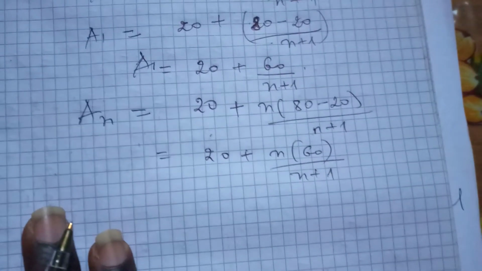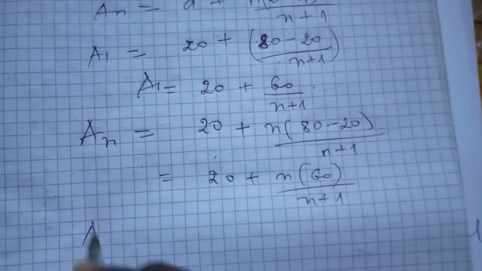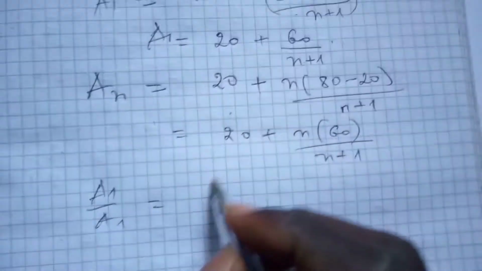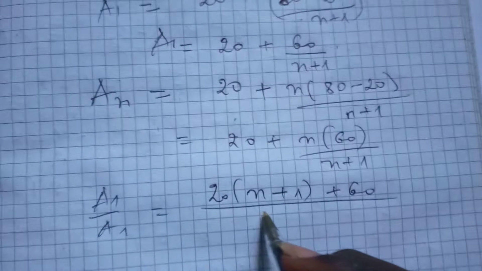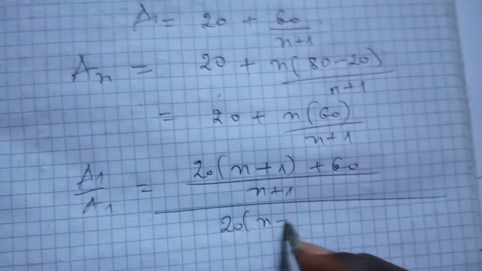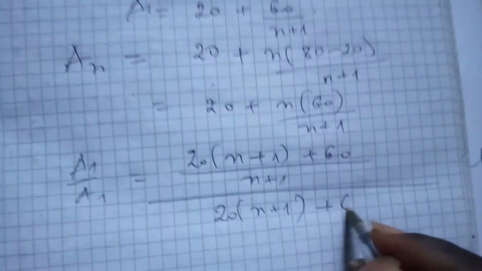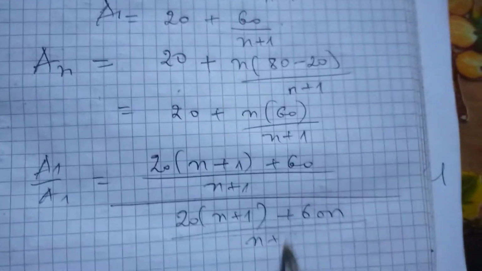So this one, if we take A1 divided by AN, will be equal to [20(N plus 1) plus 60] over (N plus 1), divided by [20(N plus 1) plus 60N] over (N plus 1).